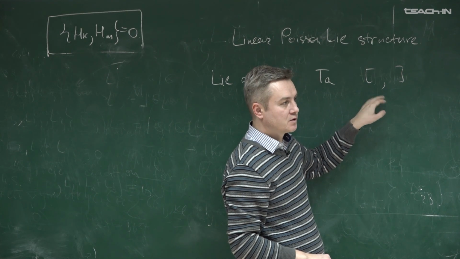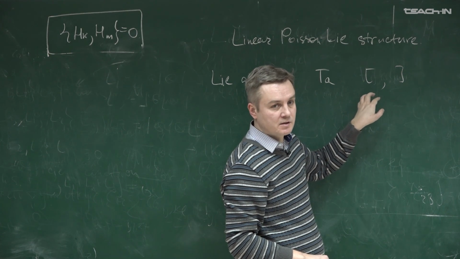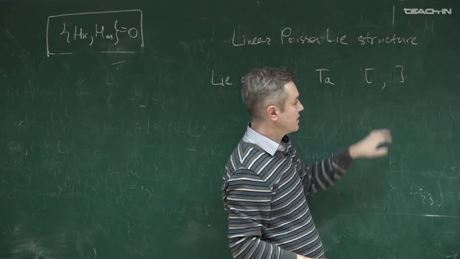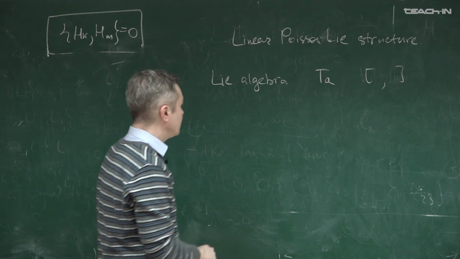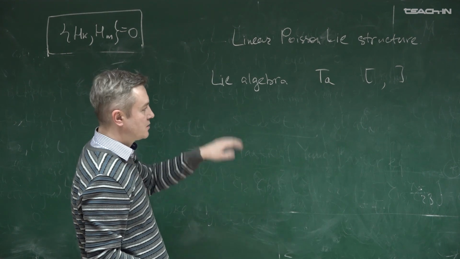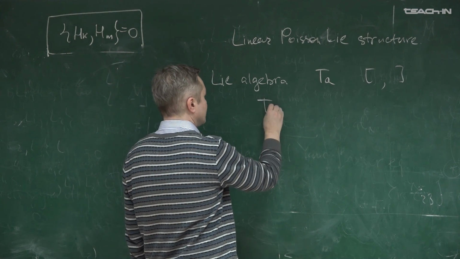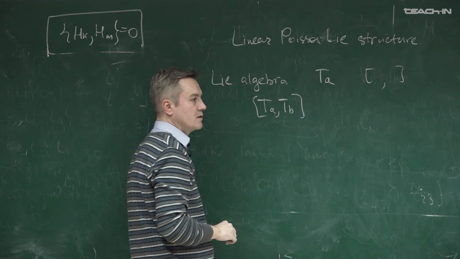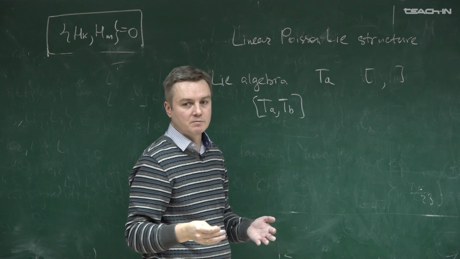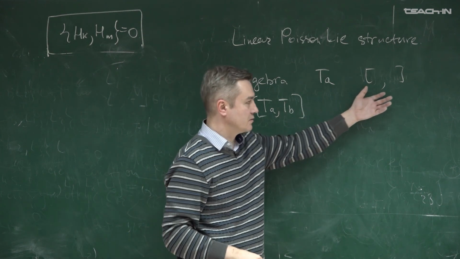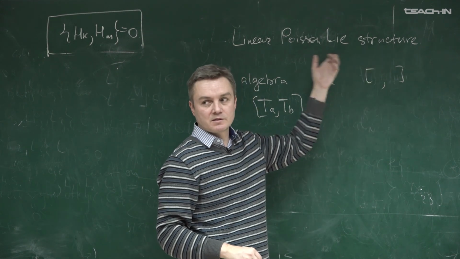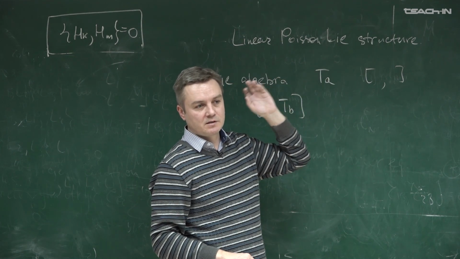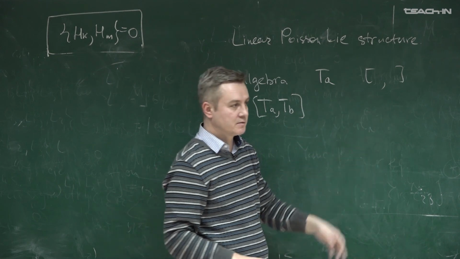So the definition of the commutator in the algebra is exactly the same as the definition of the Poisson bracket. Its commutator should belong again to this vector space. It's just by definition of the commutator. If we define some operation on the vector space, it means that the result of this operation gives you another element of this vector space.